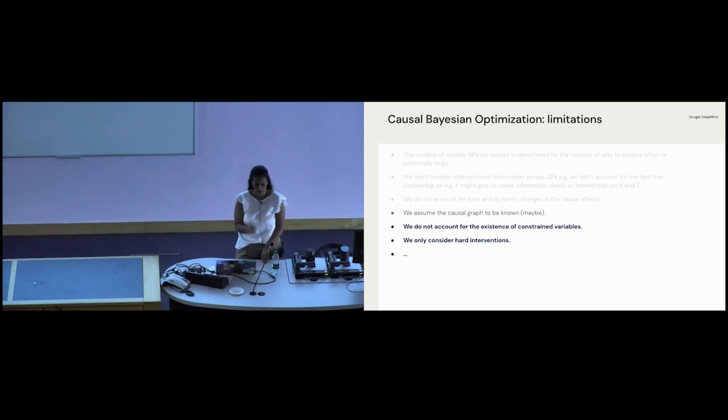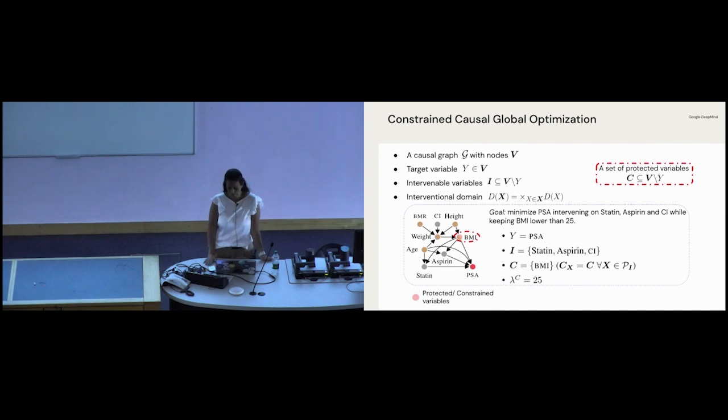And there is also the possibility of having an unknown or partially unknown graph. Let's see if we get to that. All of these alternative scenarios can be handled within the same framework of having an optimization problem, a search space reduction, a model that characterizes your target effect, and an acquisition function. So I'm going to follow the same sort of method.